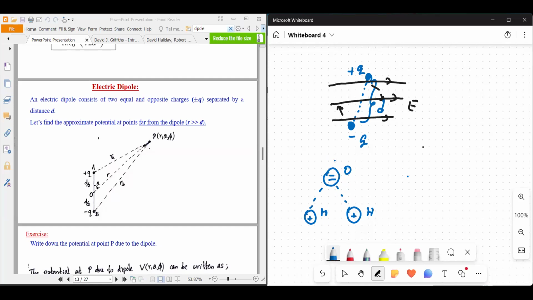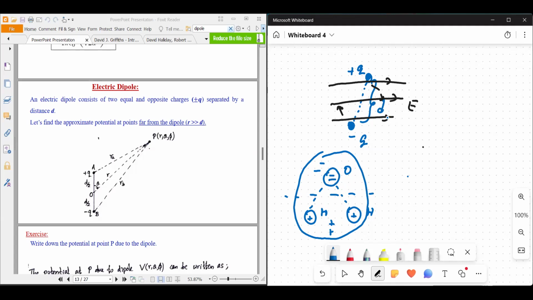If I consider this as one configuration, this side will have a relatively negative charge and this side will have a relatively positive charge. This kind of situation we can consider as a polar molecule which has a certain electric dipole.